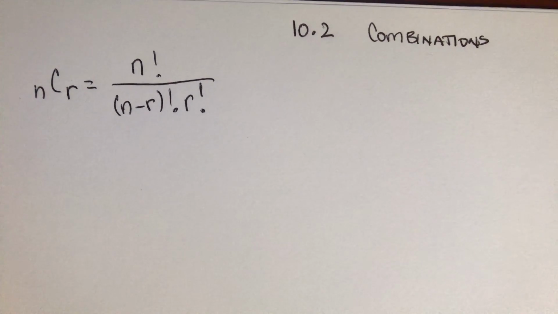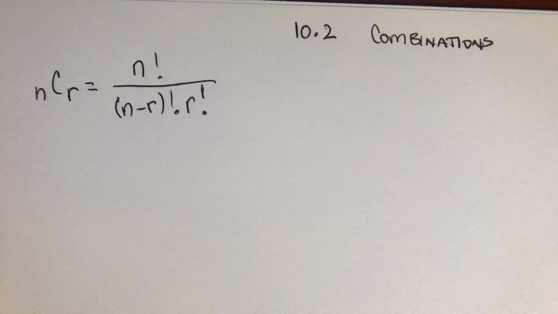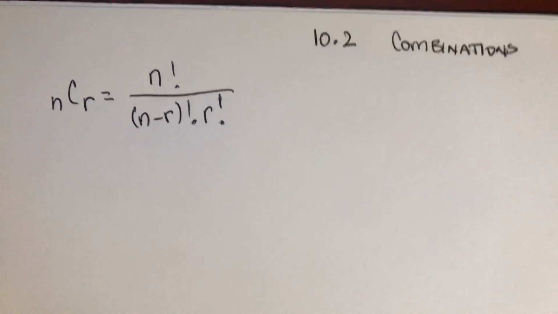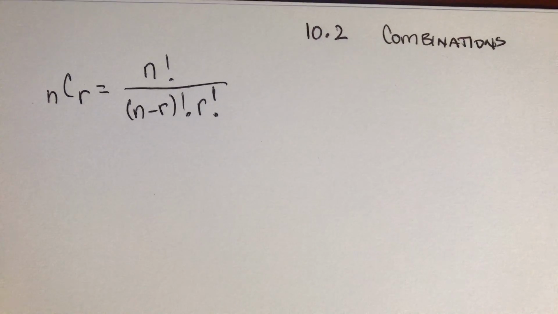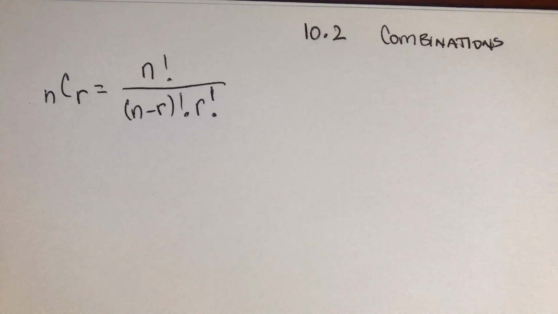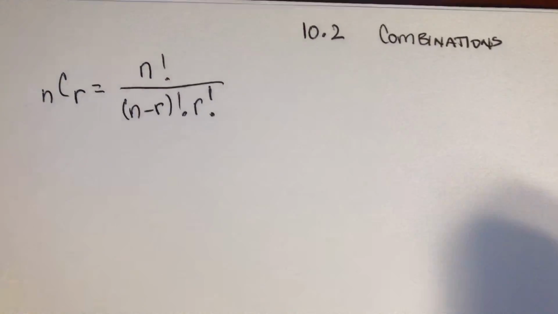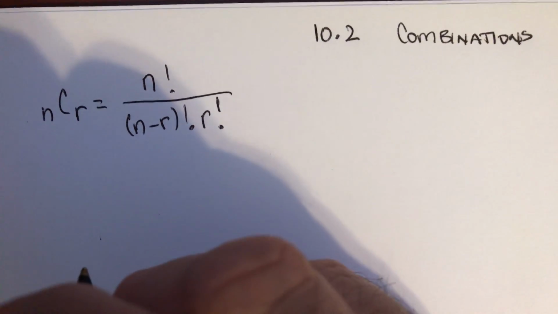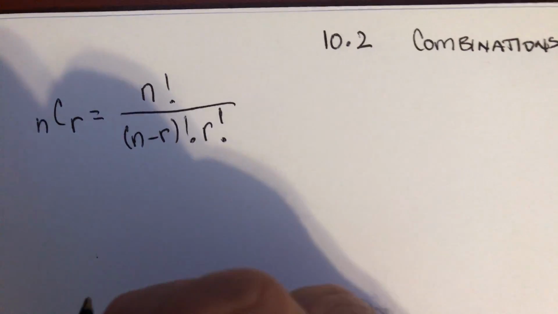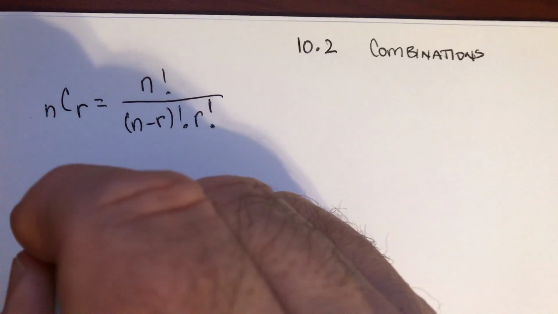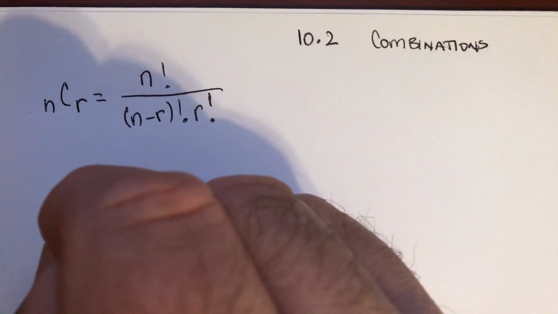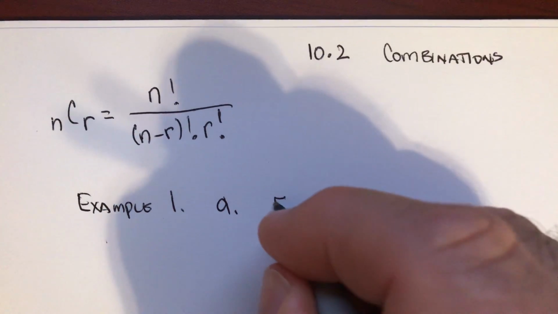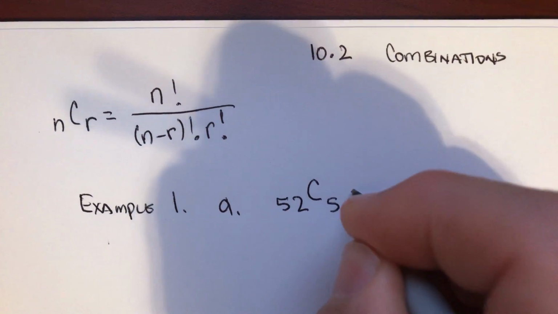If there is a standard deck and we are asked to draw 5 cards, how many different ways can we have a 5-card hand with a deck of 52 cards? The answer to that is 52 C5.